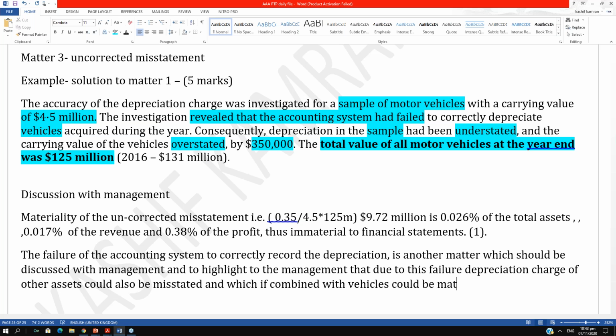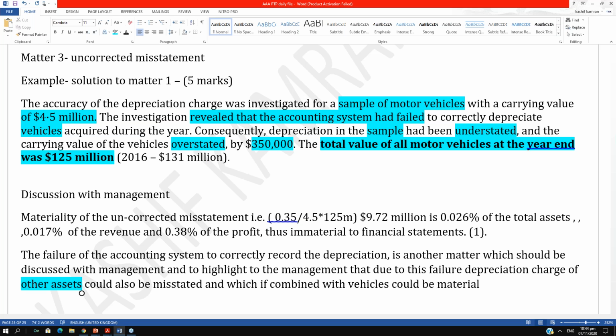We are telling management that on the basis of the vehicles it's immaterial, but because this accounting system records the depreciation, which is very important, and because of the failure of this accounting system to record a correct depreciation, if we take the failure on the other assets like the property, plant and equipment, is there a chance that if the depreciation of the other assets are also wrongly calculated, the amount can become material?